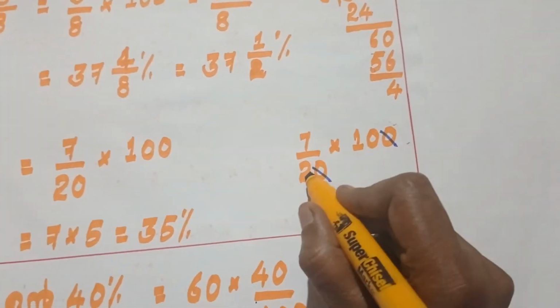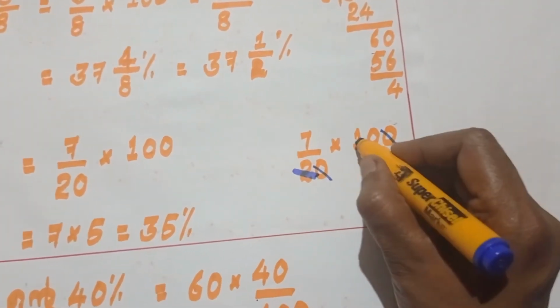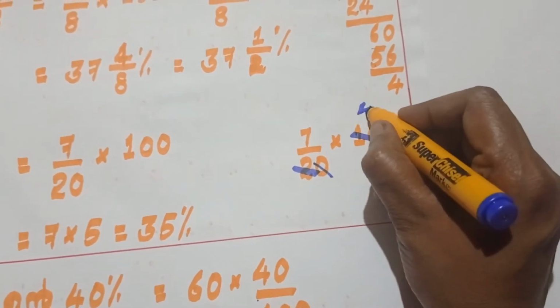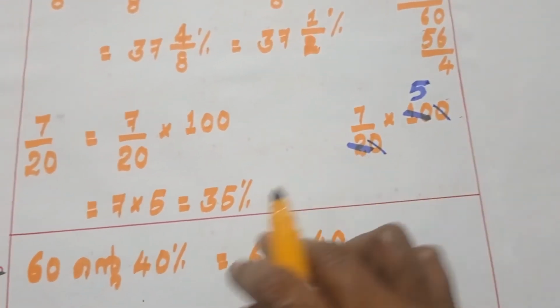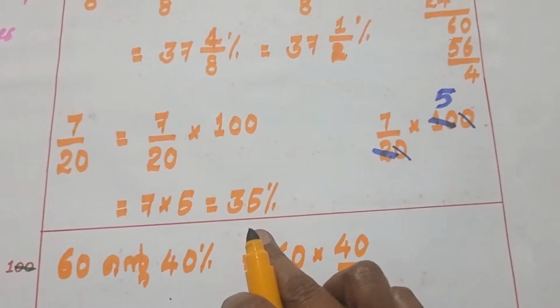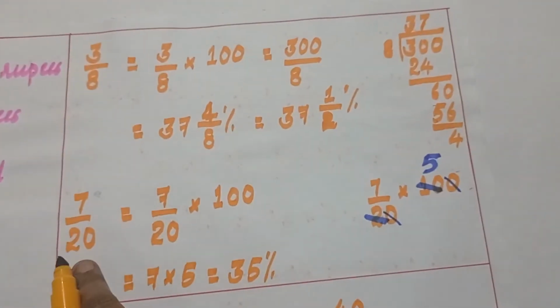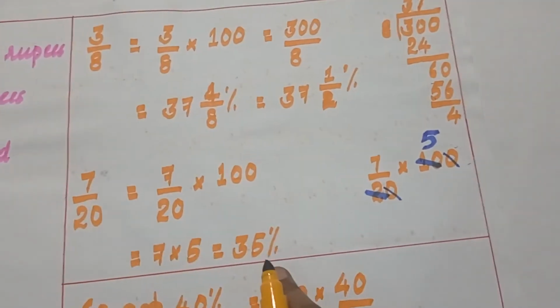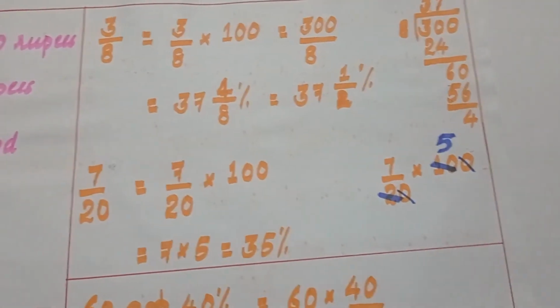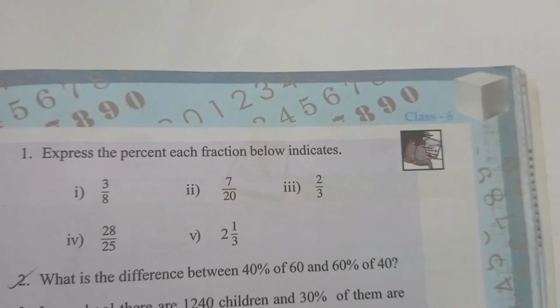Then 10 divided by 2, we get 5. Then 7 into 5 is 35%. So 7 by 20 is equivalent to 35%. Like this, the remaining 3 questions you should try yourself.